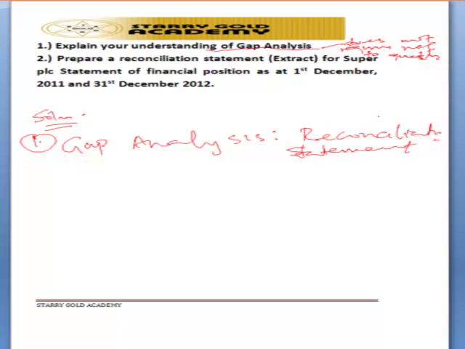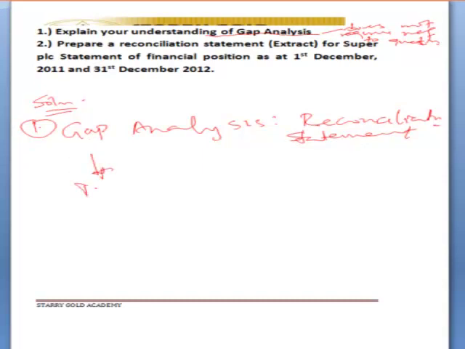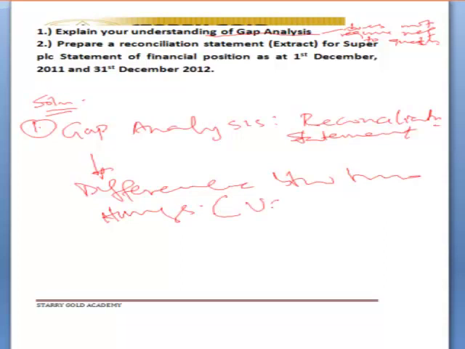For example, in our learning of management, we're able to describe a gap analysis as a difference between two things. It is actually what we call a variation. So that is a literal definition. It is a variation in two.